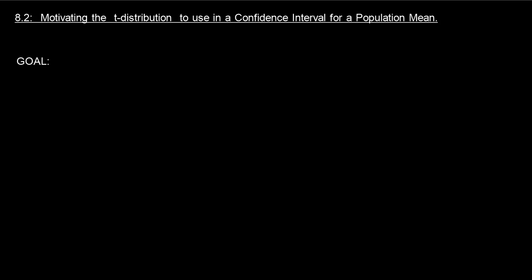Let's begin. One of our overarching goals we've seen in our course is that we use sample information to learn about populations. In particular, we are often using sample statistics to estimate population parameters. And so at the moment, one of our goals that we're going to focus on is estimating population mean mu with the sample mean x bar.